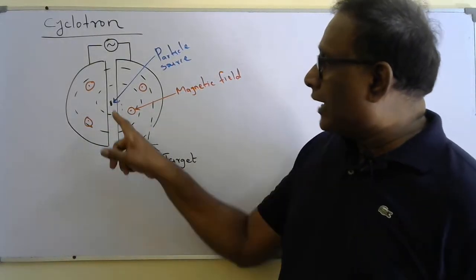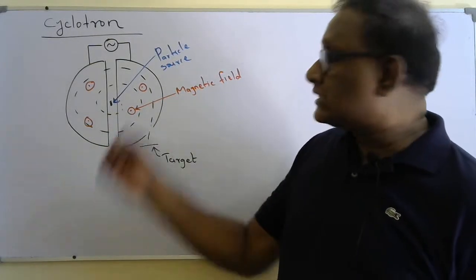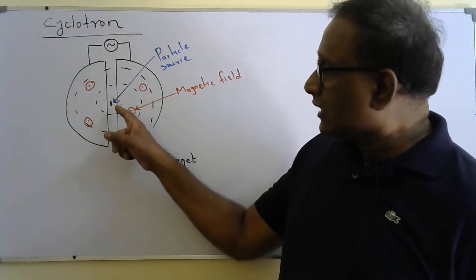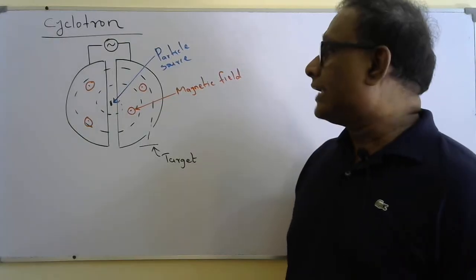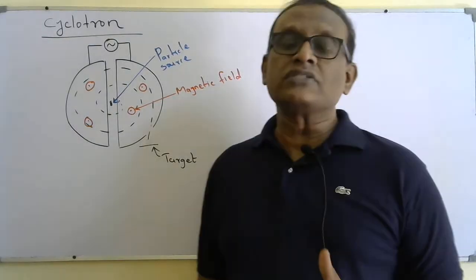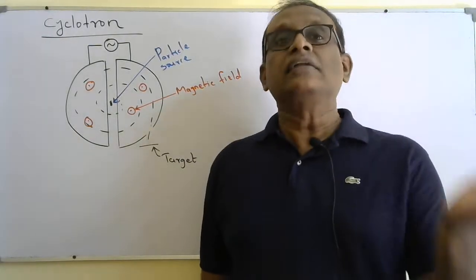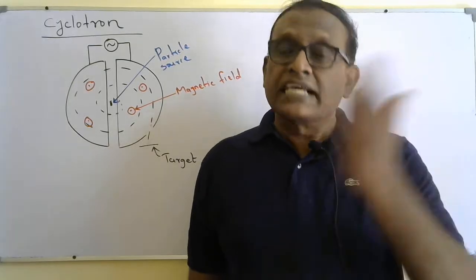Okay, so when the particle source releases a charged particle, what happens? The charged particle will move in the magnetic field, and we know that according to Fleming's left hand rule, it will start to move on a circular path.